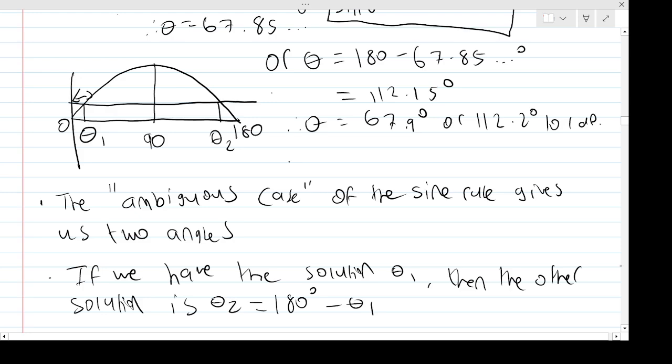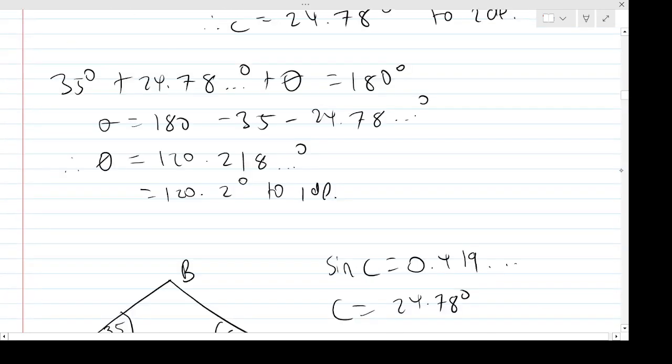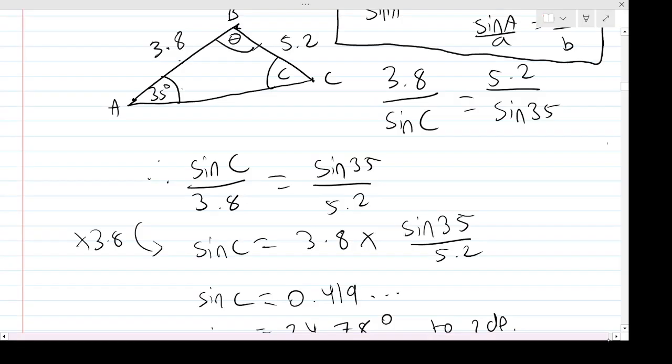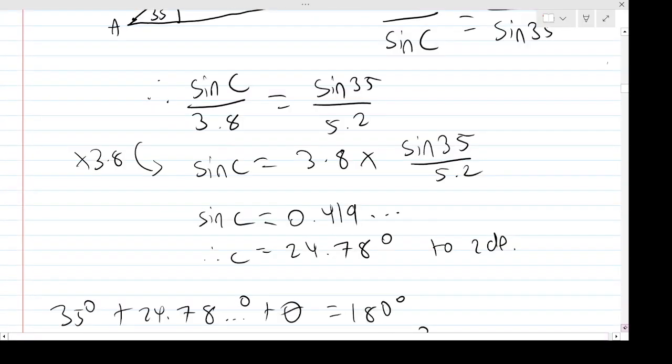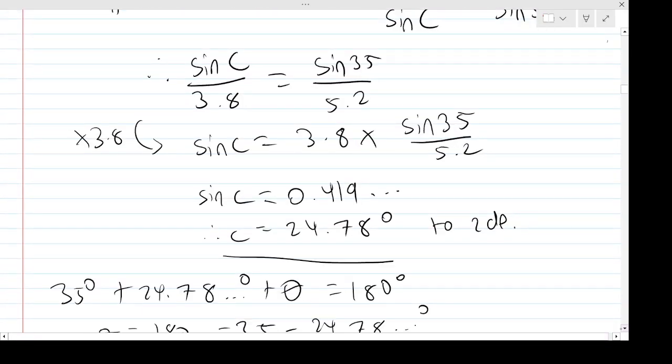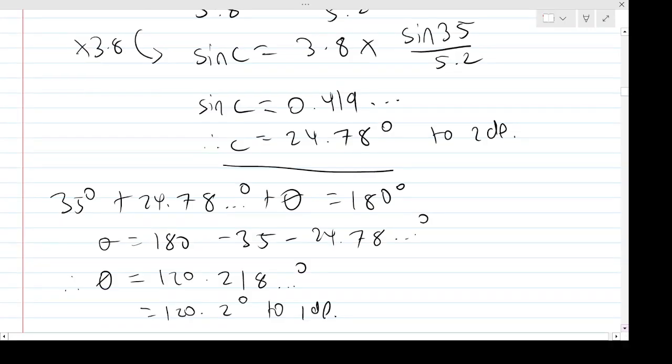Well, what about the last example we did? In the last example, we only had one solution. We had to find an angle, we got this angle C, and we found only one angle. Why is there only one solution in this case for the angle? Why not two? Actually, there would always be two possible angles if we solve it as we just did.